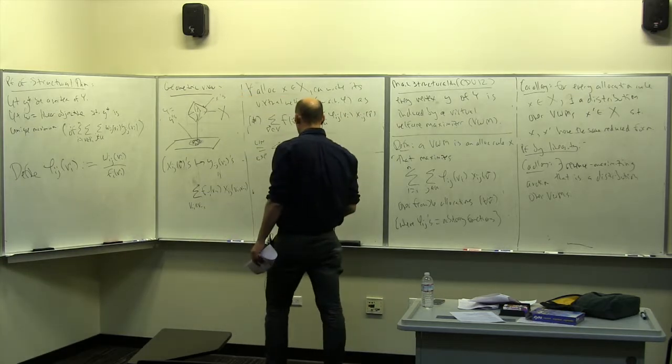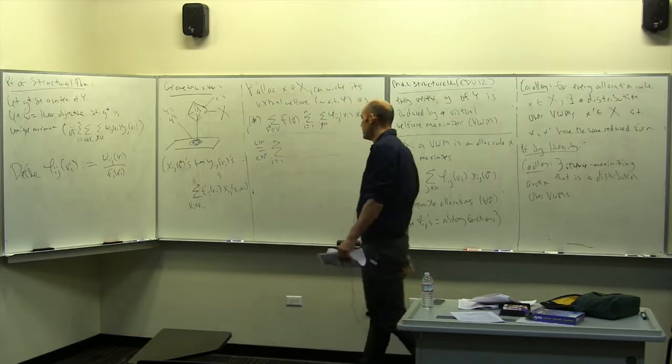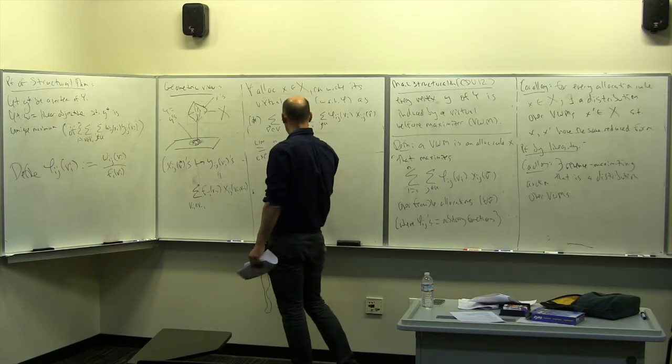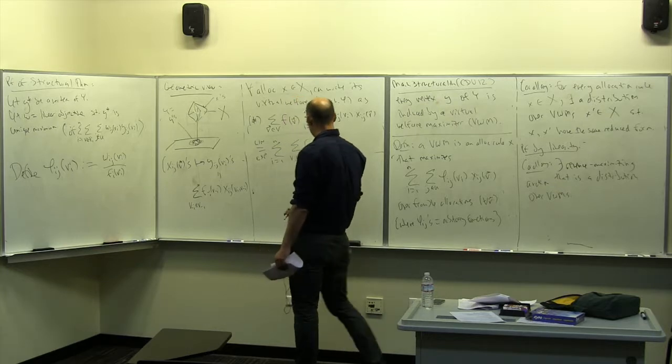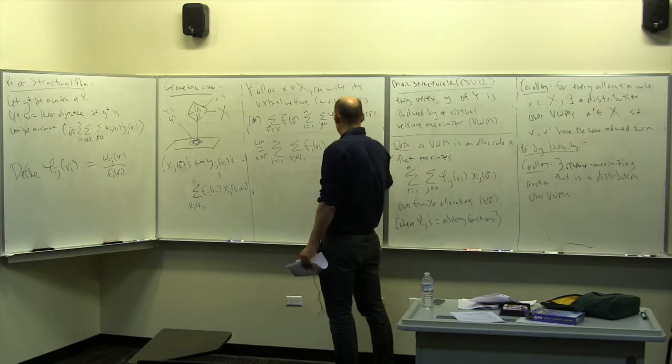So the expected virtual welfare, let me look separately at each bidder i's contribution. That depends on its type, so I should look at the probability that it has a given type. And then, when it has that type, I should look at its contribution, which should be this: phi ij.